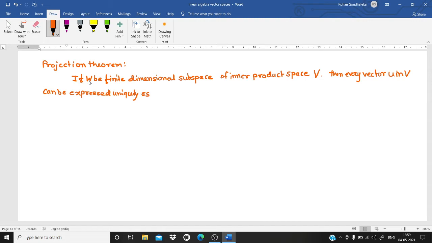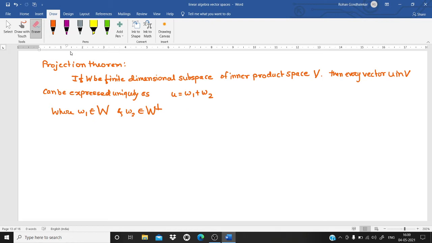So uniquely as U is equal to W1 plus W2, where W1 belongs to W, that is in the subspace W, and W2 belongs to W perp. This symbol which is given in the power is known as perp. W perp.